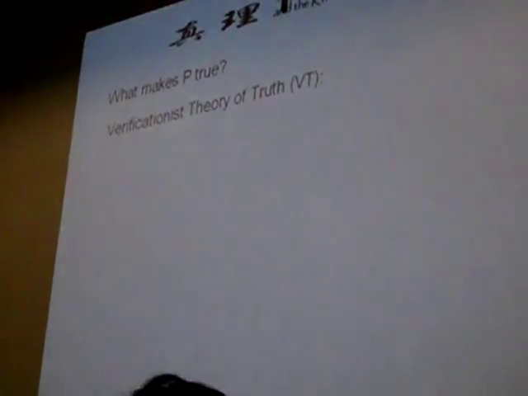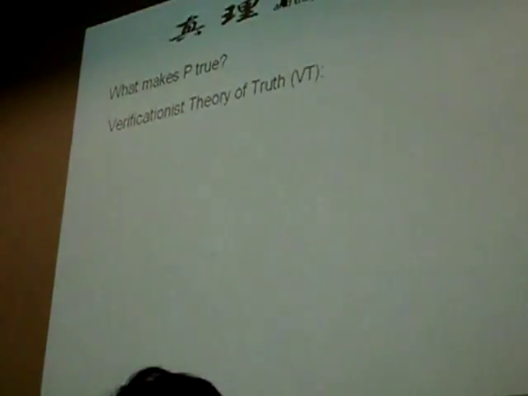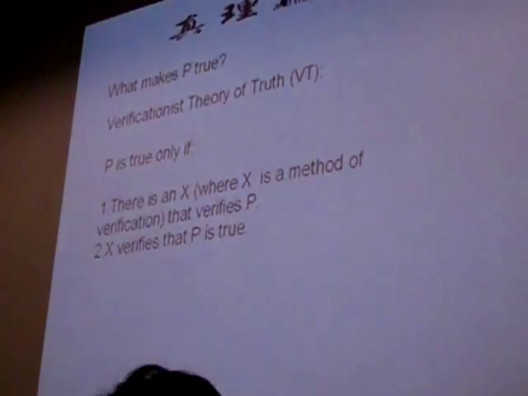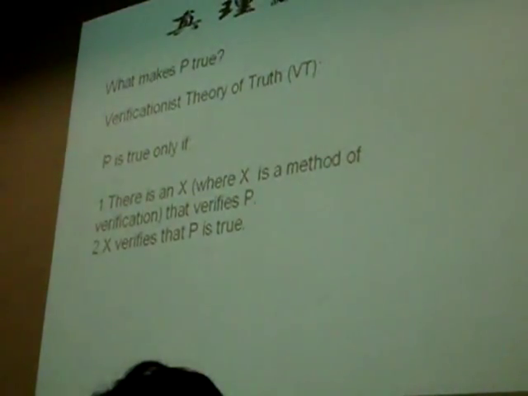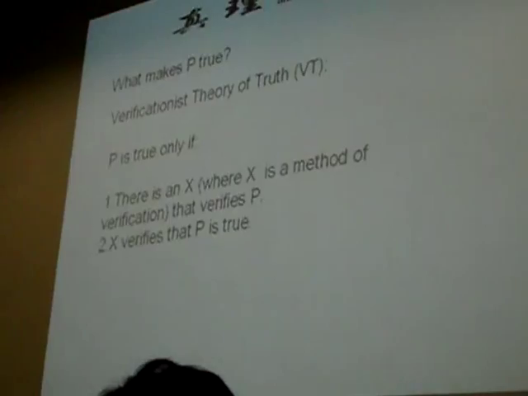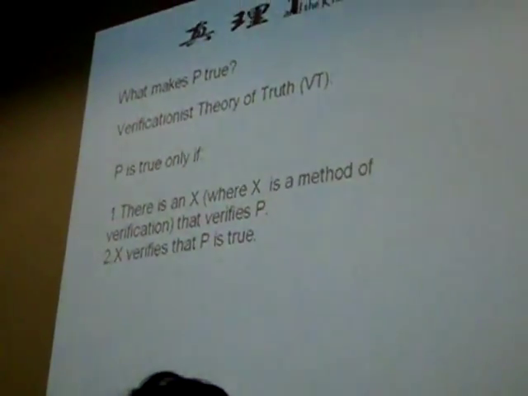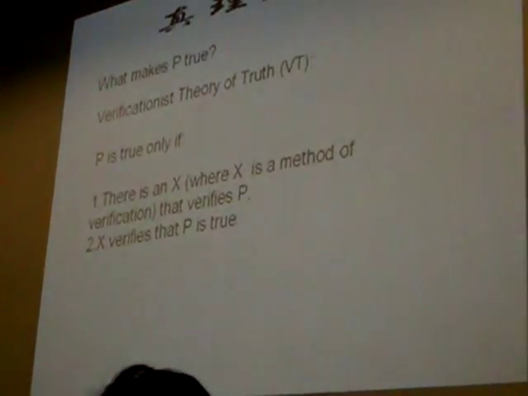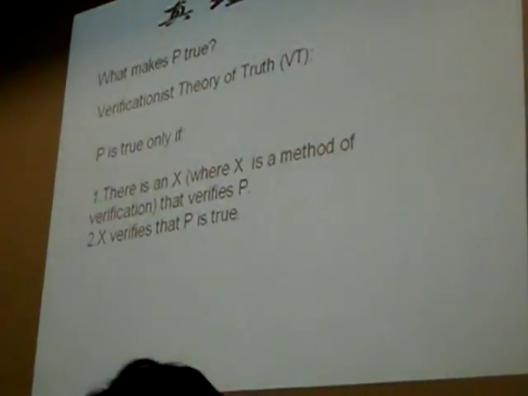And last, the verification theory of truth, or VT. The criterion is: P is true only if there are two conditions. First, there is an X where X is a method of verification that verifies P. And number two, X verifies that P is true.